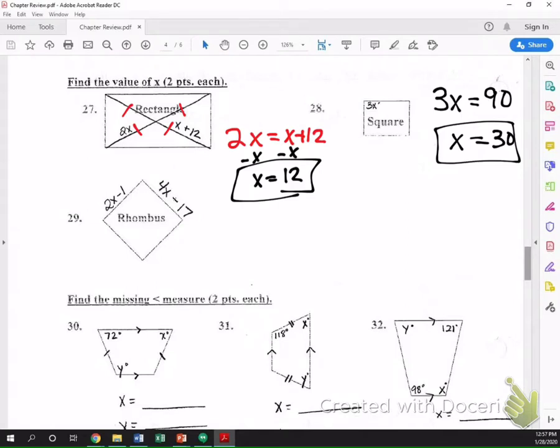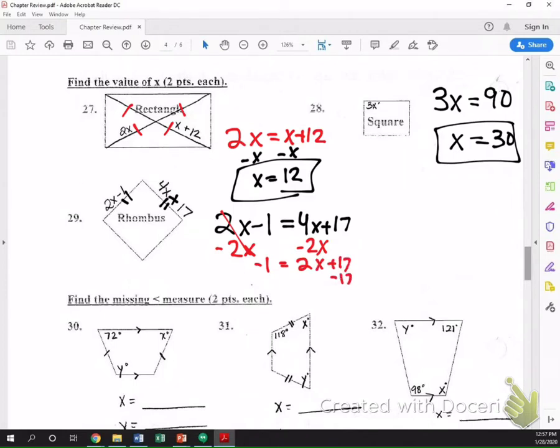All the sides of a rhombus are equal. Now yesterday I think we decided that was a plus. If you put it as a minus, it's fine, as long as you made them equal to each other. If you make it a plus, I think it's negative 1 equals 2x, and then you subtract, and you get negative 9.